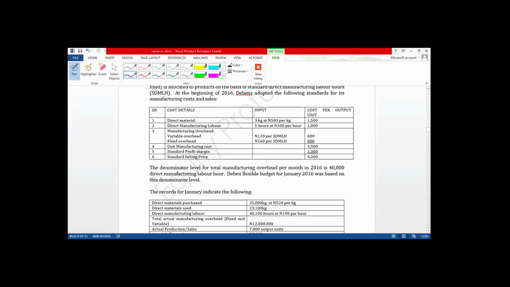Now come to the actual table. Under direct manufacturing labor, actual labor rate, 190 naira. Actual labor hours worked, 40,100 hours. You can calculate your rate variance.